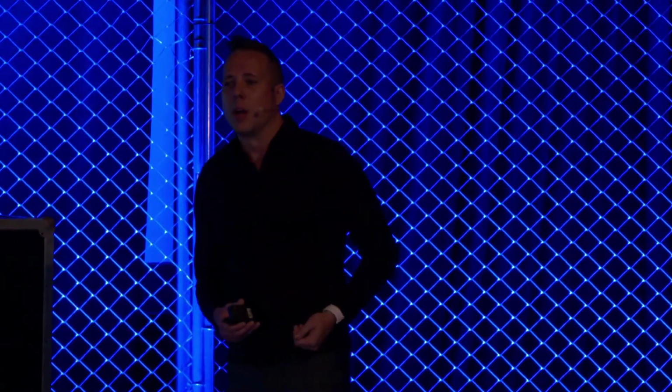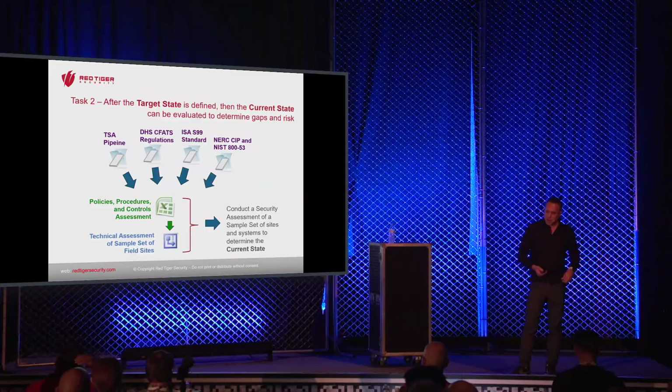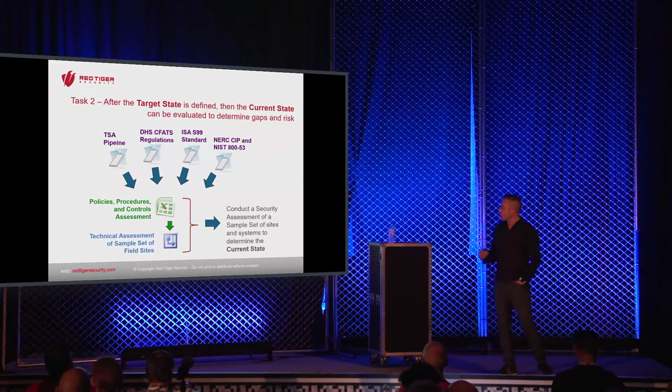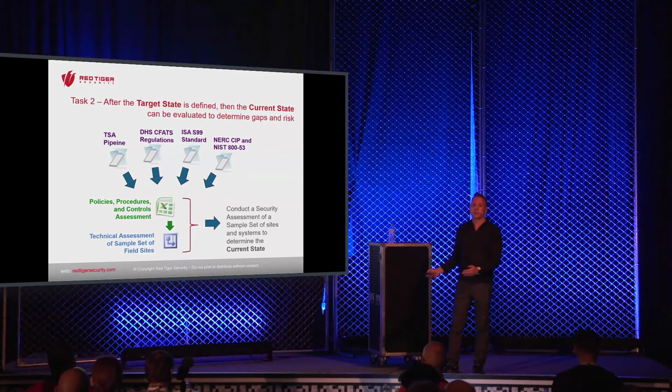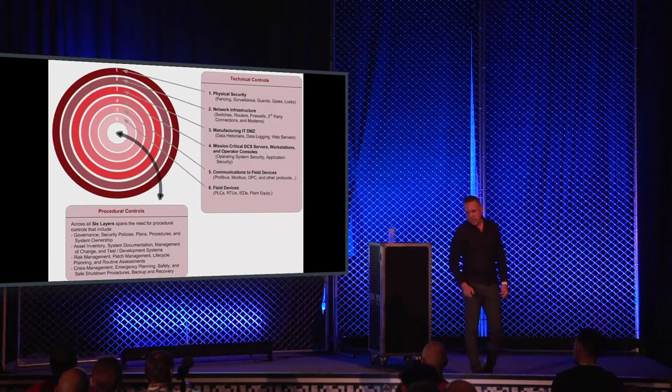And what we found by actually doing a technical assessment, there was a lot underneath the rocks, and you have to look under the rocks to see how those systems are set up. So a true current state of the system should include not just a policy, controls, and procedures assessment, but also a technical assessment of how that system's configured and running out in the field.